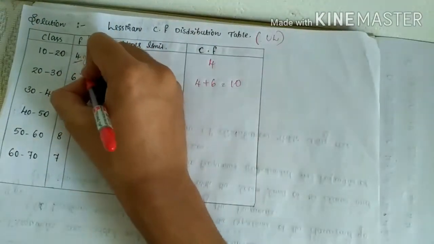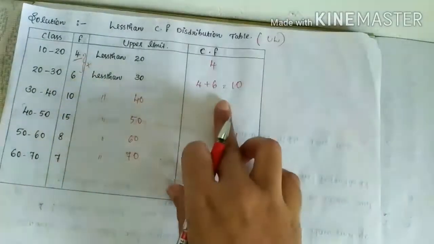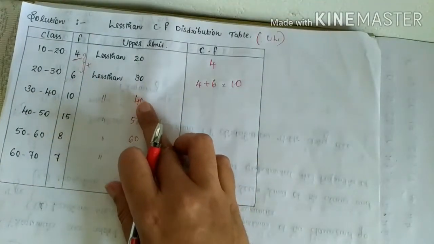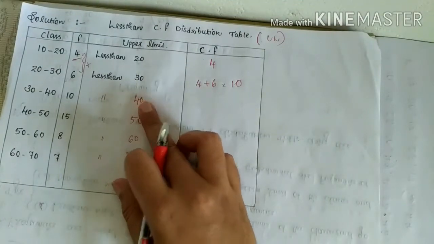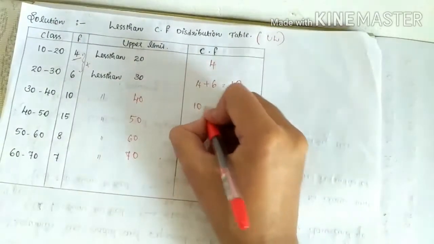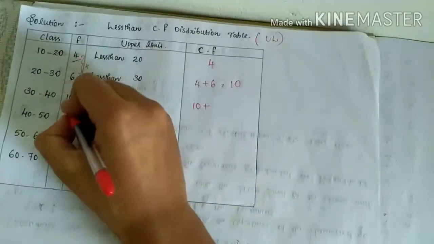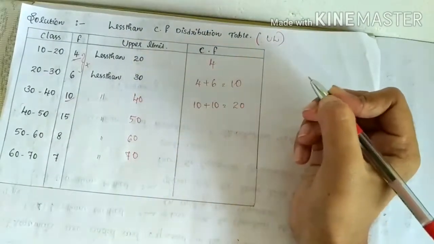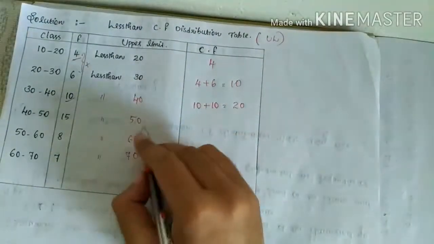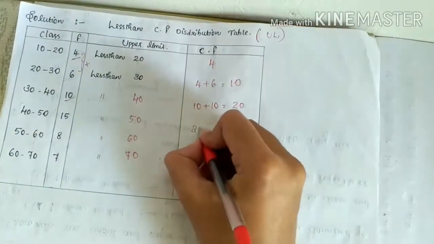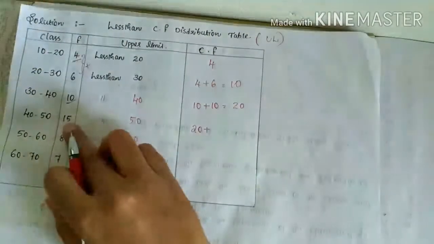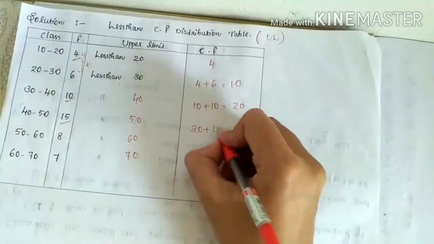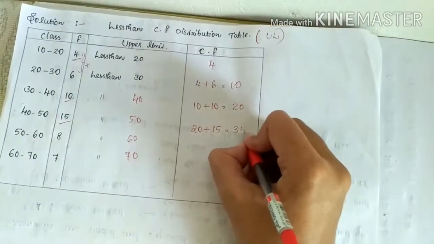And in the case of less than 40, the cumulative frequency is 10 plus this 10, that is 20. And less than 50, it is 20 plus 15. The answer is 35.